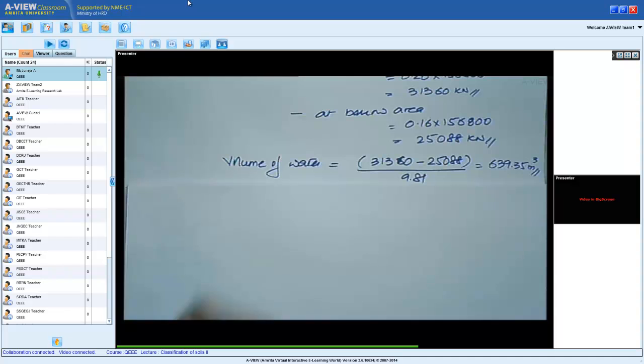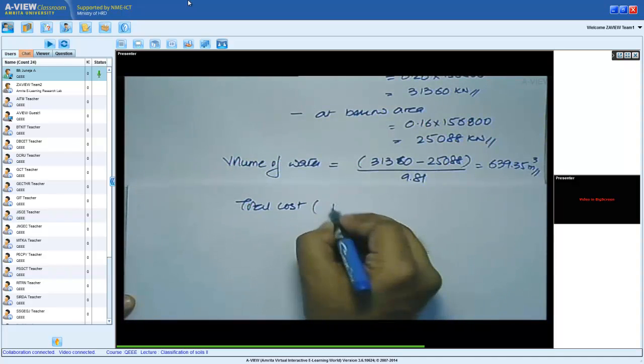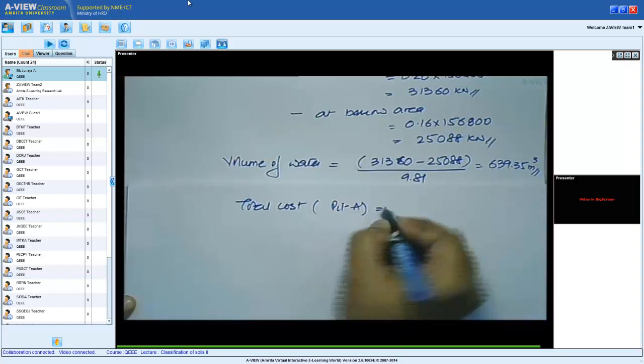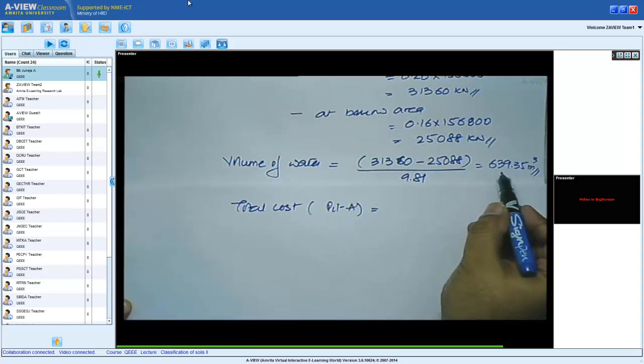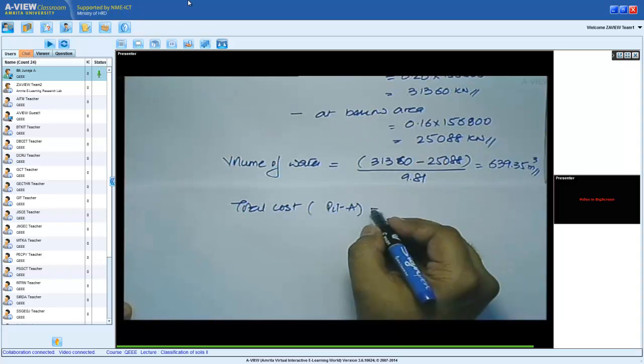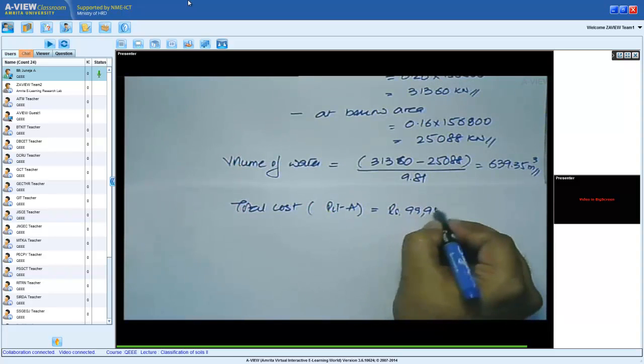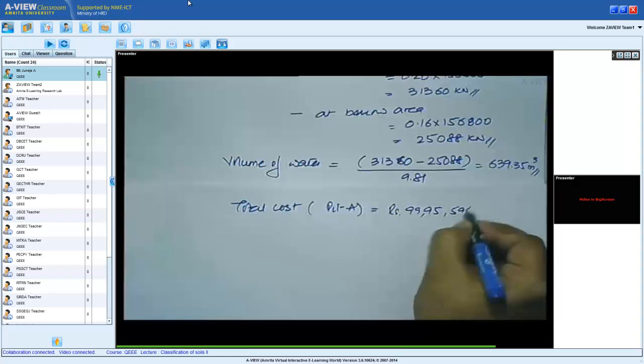Let me quickly wind up. Total cost for pit A should come out to be something like 99 lakhs 95,594.